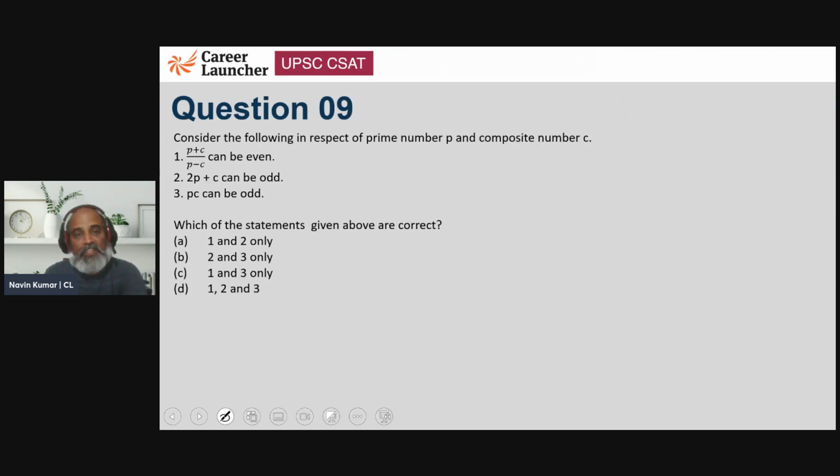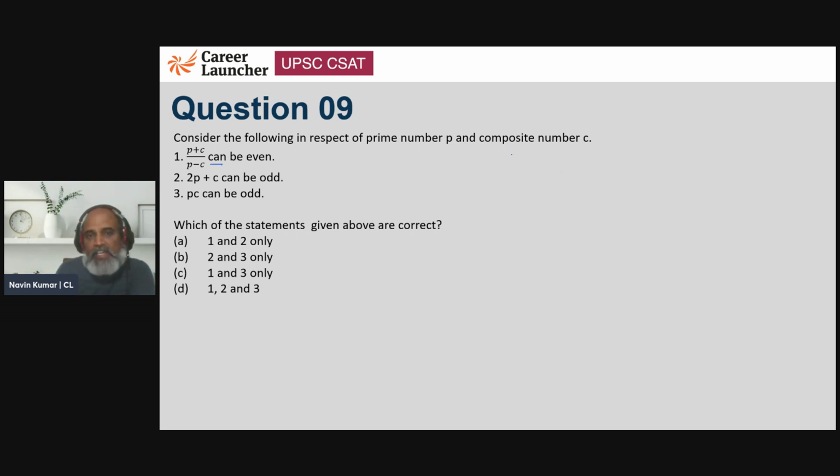Next problem. Consider the following in respect of prime number P and composite number C. P plus C divided by P minus C can be even, right? Because it says can, we have to think of one scenario in which it can happen.